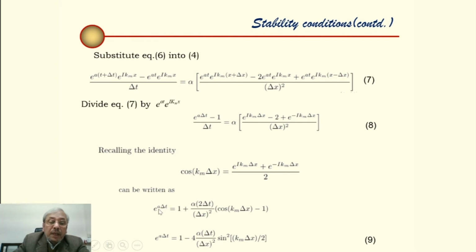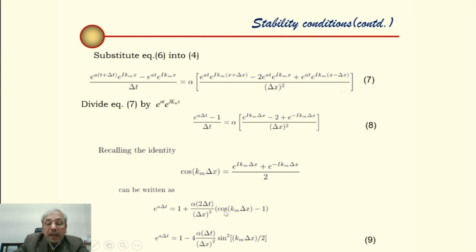So e to the power a delta t becomes 1 plus twice alpha delta t divided by delta x square, times (cos km delta x minus 1). Now e to the power a delta t is then given by this trigonometrical identity.